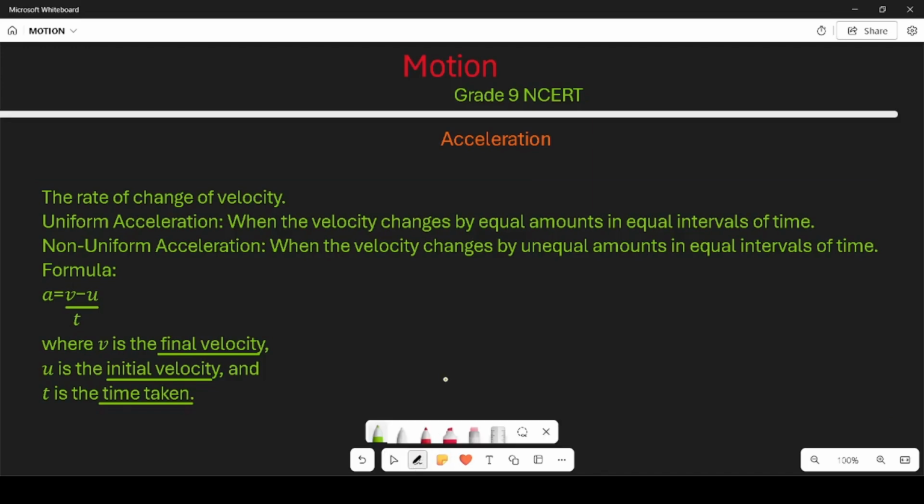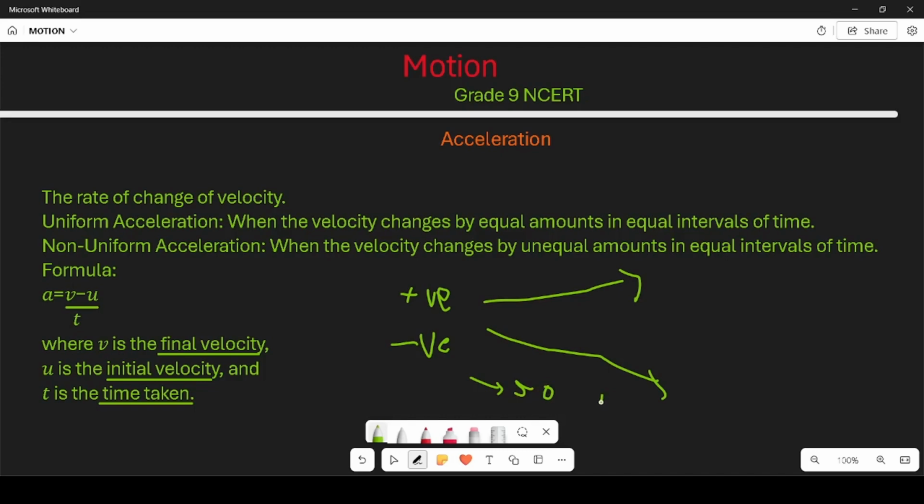And also one more thing, if the acceleration you got is a positive answer, then the object is accelerating, increasing its speed. If you got a negative answer, that means the object is decelerating, it's decreasing its speed. So always remember that. For a negative answer, you can take initial velocity as 5 and final velocity as 0.